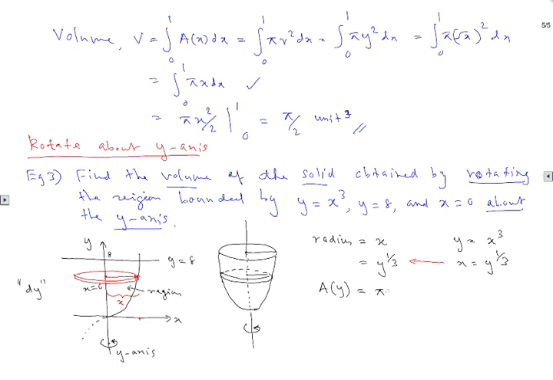So it is pi r squared, so pi times y to the 1/3 squared, which means pi y to the 2/3. Your volume is the base area times the thickness. The thickness is dy, or delta y.